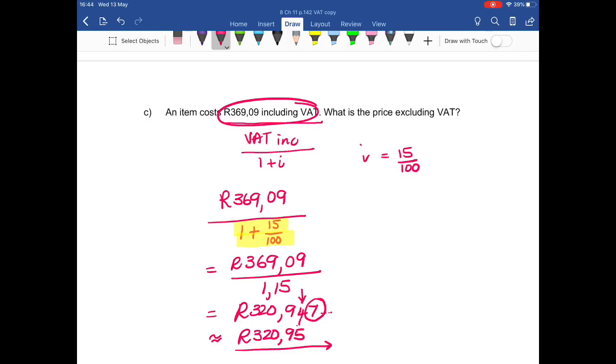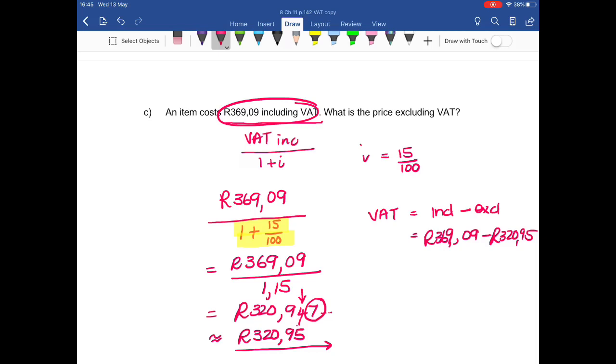Sometimes they ask you to calculate how much VAT. So the VAT equals your inclusive price minus your exclusive price. So we started off with 369,09. I'm going to subtract 320,95, and let's see what we get.